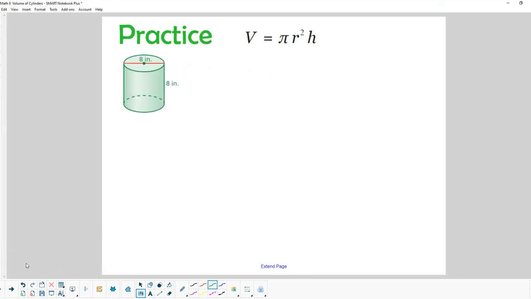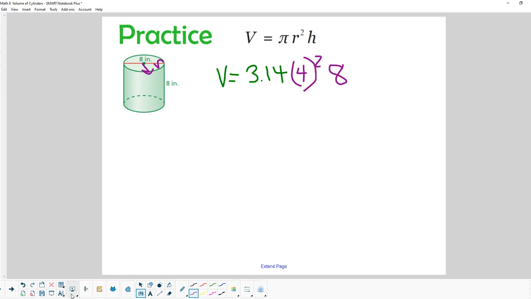All right, here's another one. So remember, volume is 3.14, which is our approximation of pi. Then R, if we look closely here, we notice that we have a diameter. So R is just going to be half that diameter, so R is 4. So 4 squared times the height, which is 8.